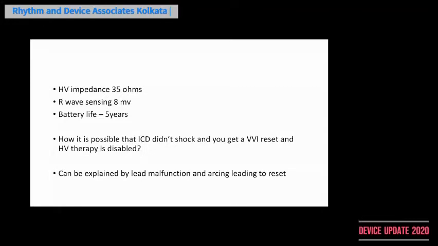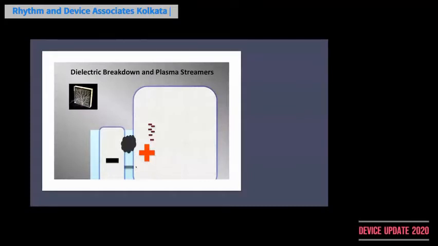But you can question how the HV impedance is then intact. Whenever you check the HV impedance through the device, it usually gives a low voltage, and it checks by that low voltage whether it is conducting. Now, if these two are very nearby, with a low voltage it can conduct from one to another.